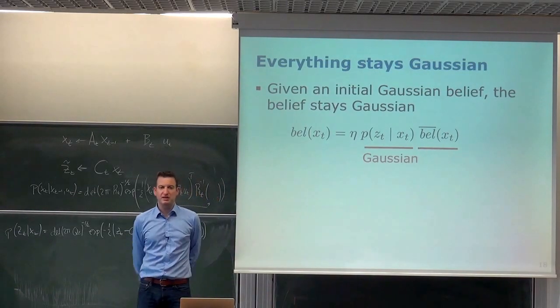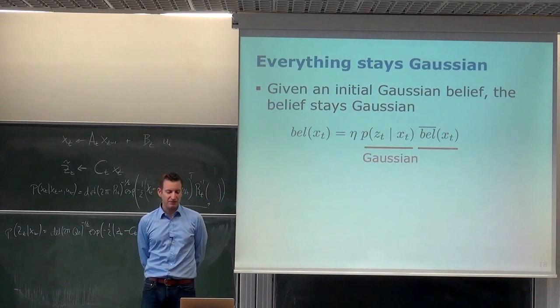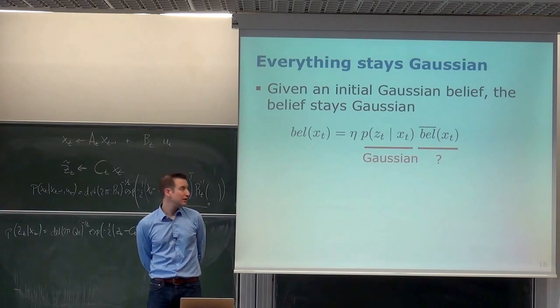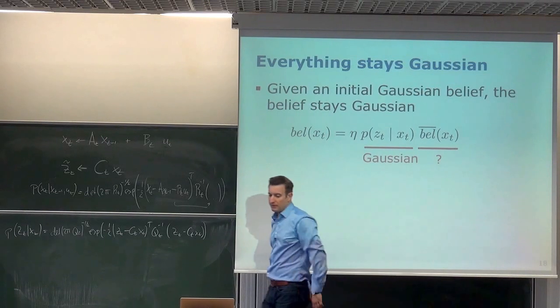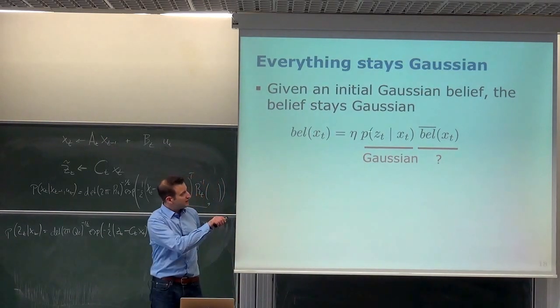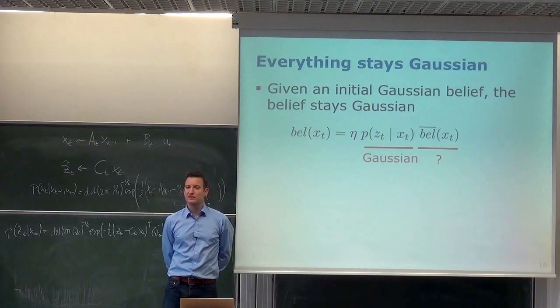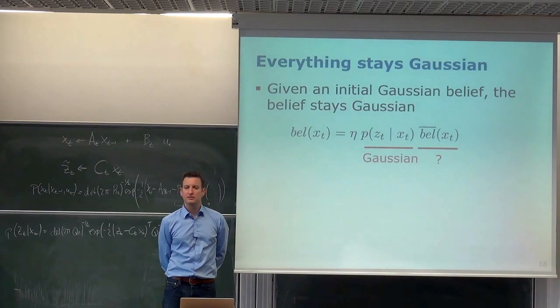The expected belief, what we expect to end up with, we actually don't know yet, right? But let's assume it's a Gaussian, this part over here. If this is Gaussian, and this is Gaussian, is the result Gaussian? Yes.